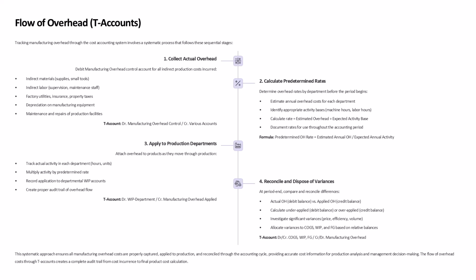Some companies maintain separate overhead rates for each department, while others use plant-wide rates, sacrificing some accuracy for simplicity. To learn accounting, you must do accounting. And the flow of overhead costs to production departments completes the trinity of manufacturing costs, materials, labor, overhead in our process costing system.